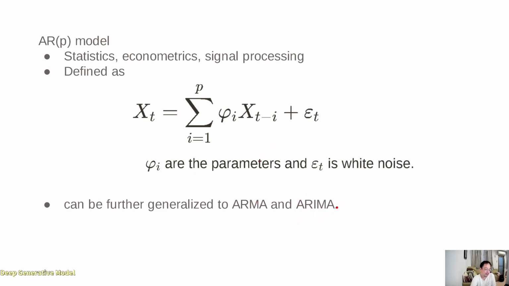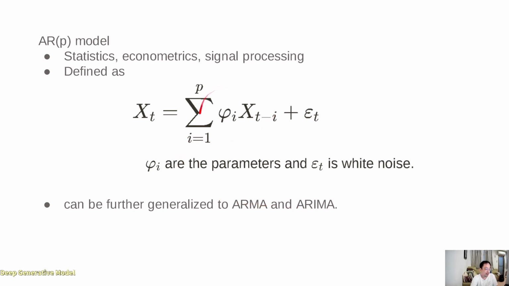ARIMA is the more popular one, because this one is more basic, but it is still one that we can analyze analytically. So this is a very popular one, and people still use it. It is not a deep model, but still useful in many cases.